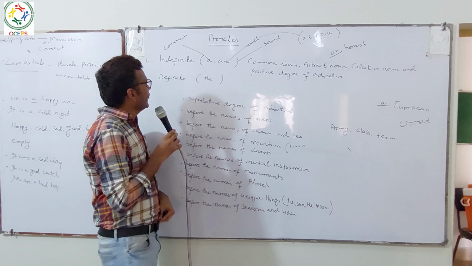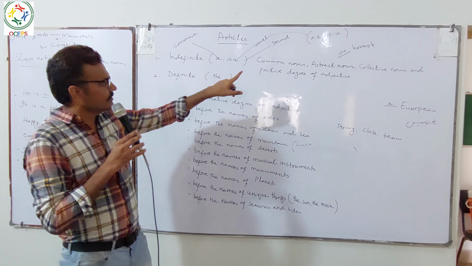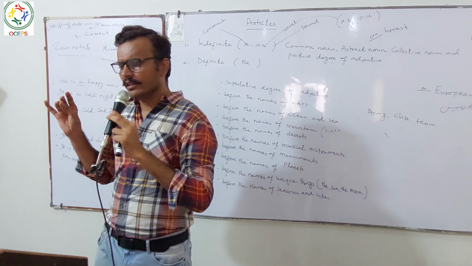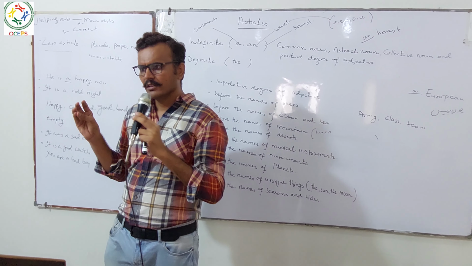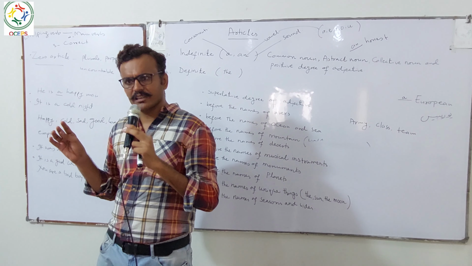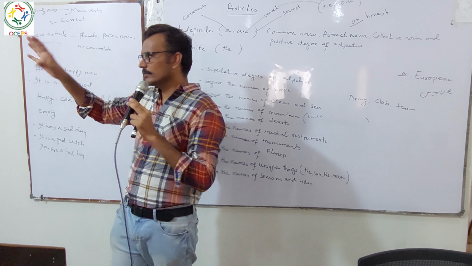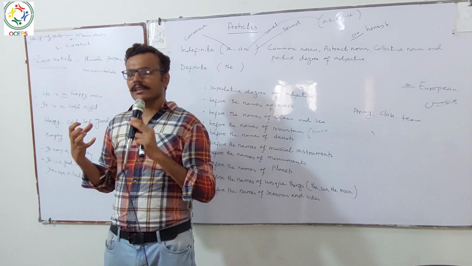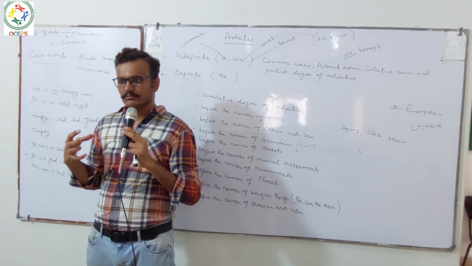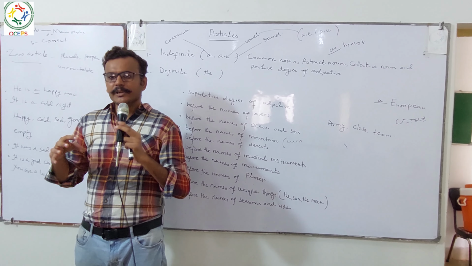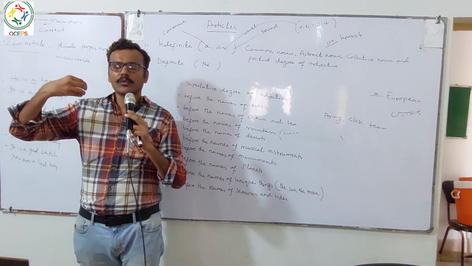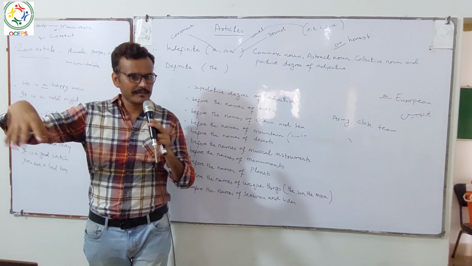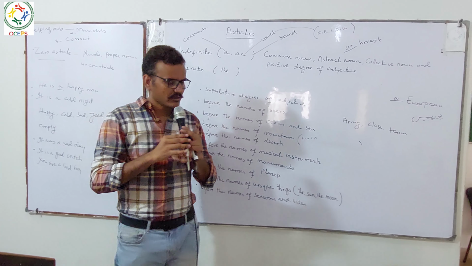So the indefinite article is more used with common nouns. Common noun means a girl, a boy, a man, a woman, a teacher, a driver, a fan, a bulb, a wall, a classroom. Anything which does not possess a proper noun, meaning the bulk of the nouns, the series of the names, like a chair.